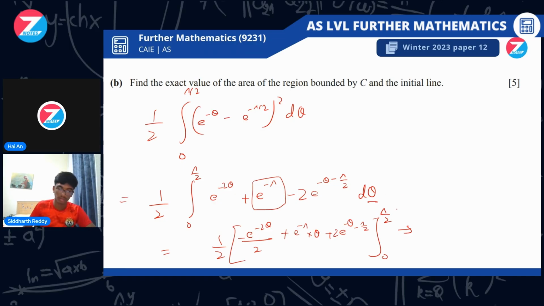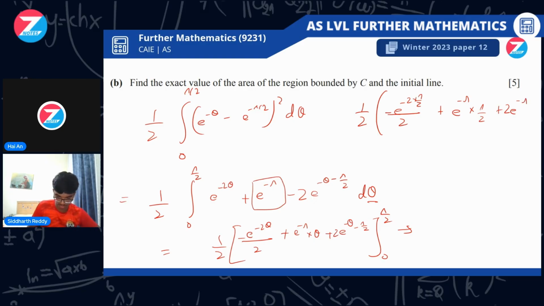We get something like, so it's going to be half into minus e to the minus 2 times pi by 2 plus e to the minus pi times pi by 2 plus 2 e to the minus pi by 2 minus pi by 2. This is going to be minus pi.